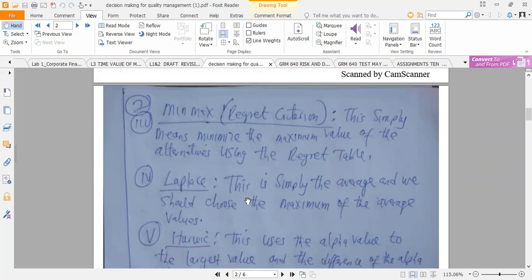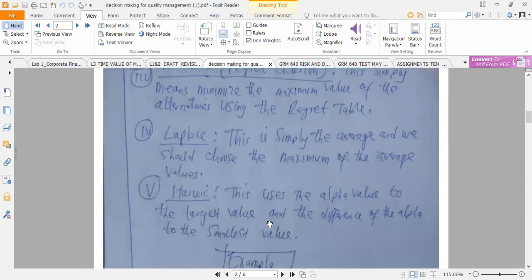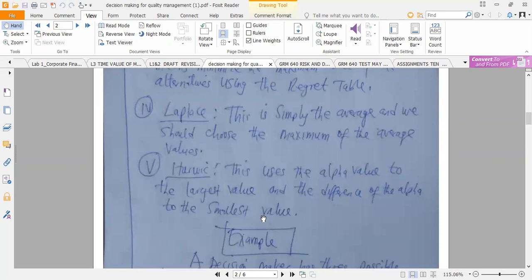There's also what we call a Laplace. This is a method under decision making where we simply get the average firstly, and from the average, we choose the maximum values of the average. Then we have what we call the Hurwicz. This is a method where we use an alpha value, which is often given, to the largest value, and the beta, which is the difference from the alpha on the smallest value.